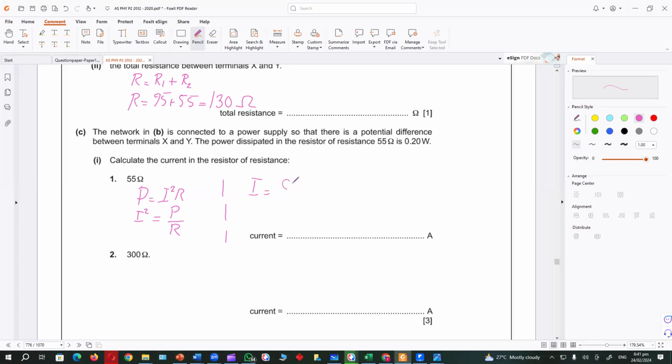Power is 0.20. You have to copy this and solve this. Let me know the answer. 0.06.